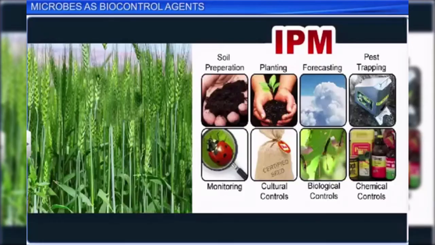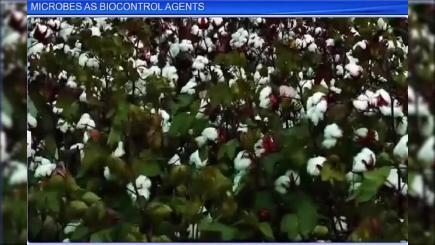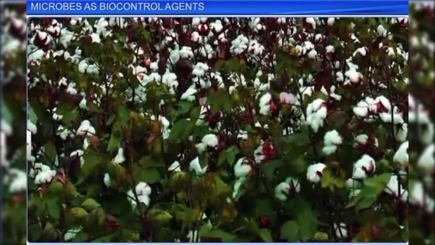IPM is an integrated approach to crop management to solve ecological problems relating to agriculture. It provides an efficient solution to organic farming since it involves biological controls. For example, you may have heard of Bt cotton and Bt brinjal in the news.